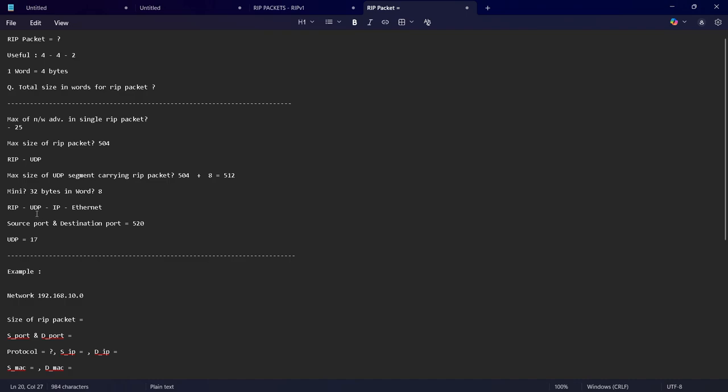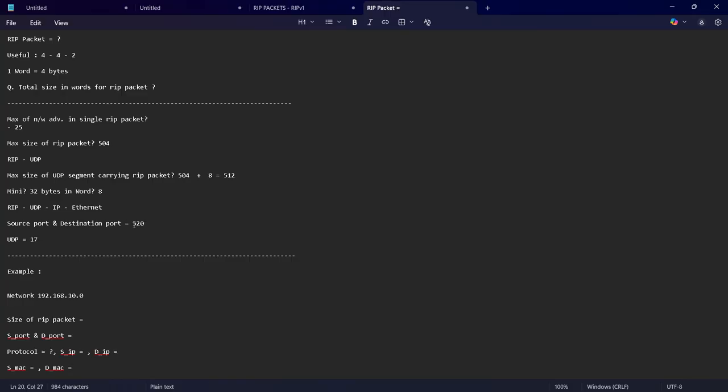UDP. UDP further decapsulates and gives us what? RIP. Right. So initially we had RIP packets, header part and the rest 20 bytes. Further it's encapsulated into UDP. That is, if we look at the source port and destination port, so the value for RIP is 520. Right? Yes.